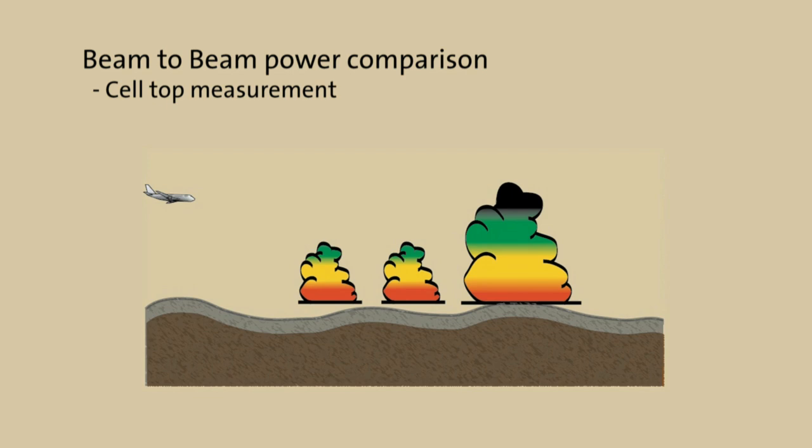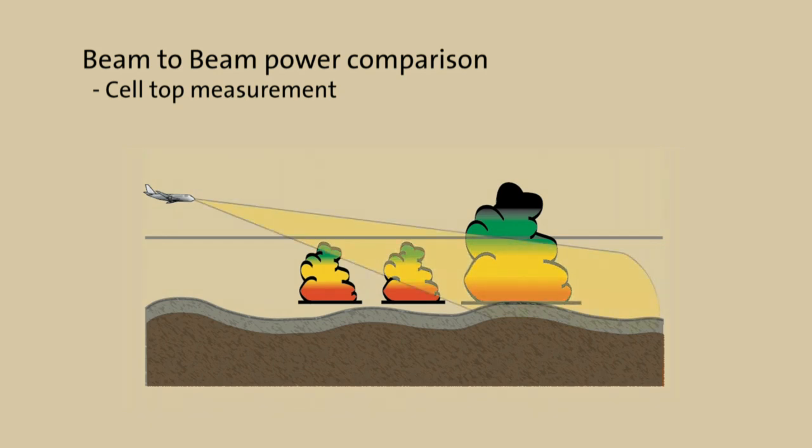So the radar uses the same beam-to-beam power comparison to measure cell height and determine the cells that reach the aircraft altitude. In this case, the radar draws a line that is approximately 6,000 feet beneath the aircraft. This is a curved line that conforms to the curvature of the Earth. In a similar manner to the way the radar removes ground clutter, an initial sweep records returns and stores them in a temporary memory buffer.